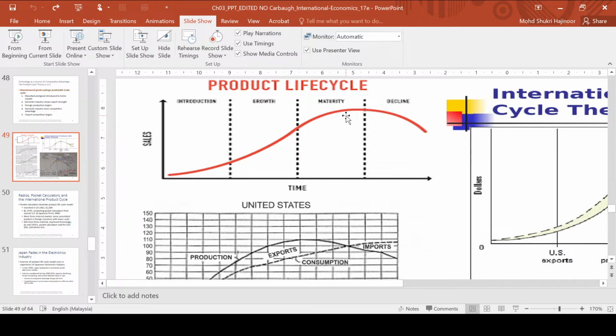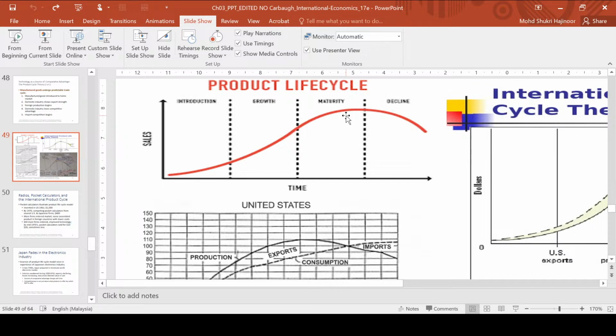Product introduced in the United States. This is nice.